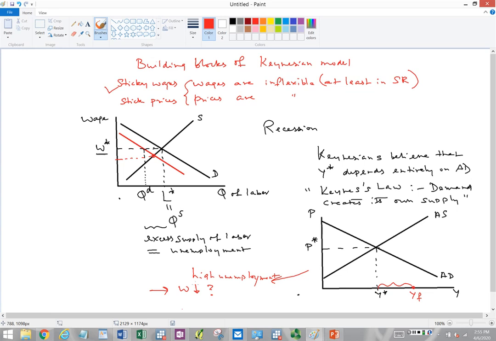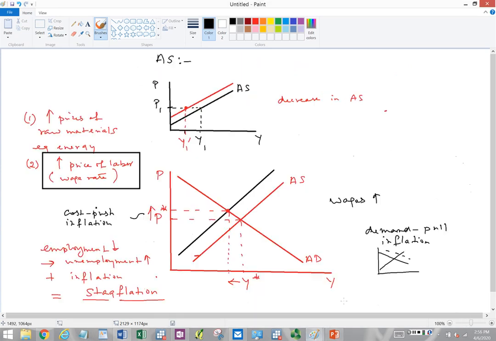Now, if this were to happen, if wages were in fact to fall, we've just learned that the aggregate supply curve shifts when the wage changes, isn't it? Quickly remind you. Right, we've looked at this item here, for instance. Here we talked about the price of labor, the wage, rising, and that causing a leftward shift in AS, correct?